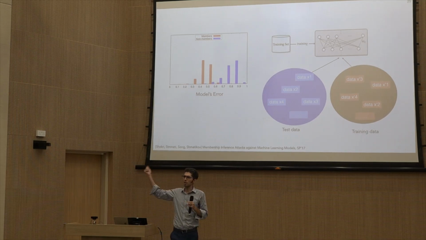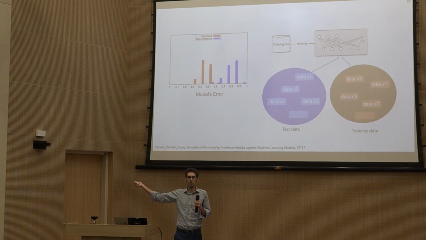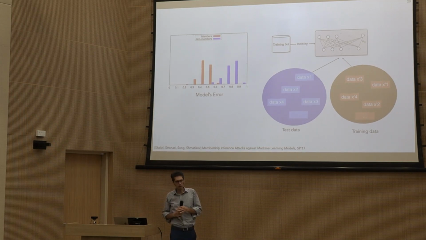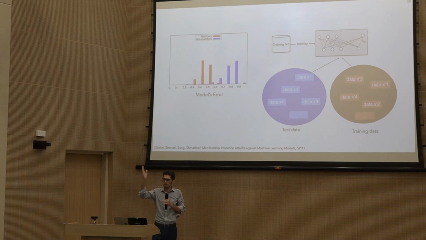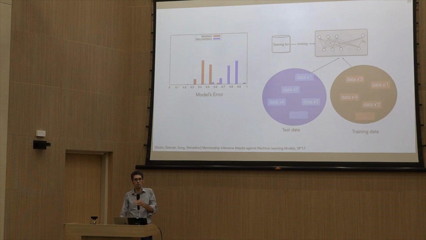I get data points from the population, I see how much is the error of the target model I'm attacking on those data points, and I expect the distributions of errors on members and non-members, training data versus test data, to be different. If I compute my threshold based on that, I'll get a good attack. At least this is a very good attack to start with. And actually, this is the idea of the first membership inference attack against machine learning algorithms.